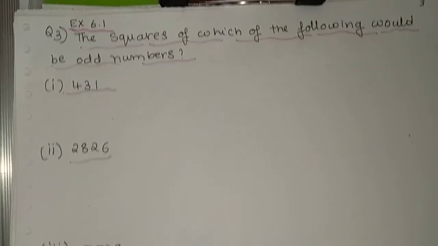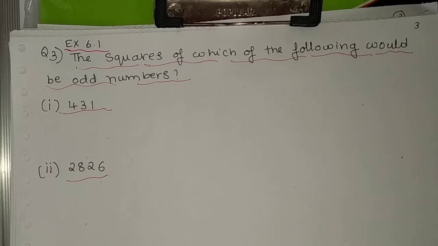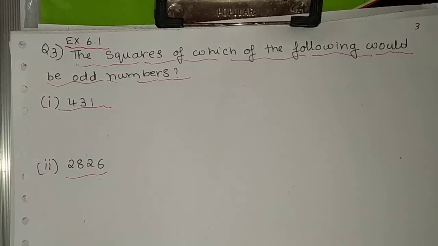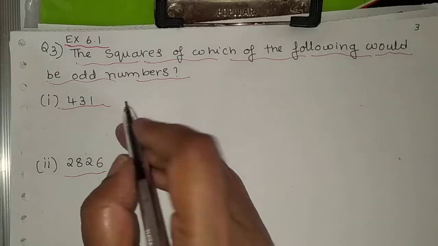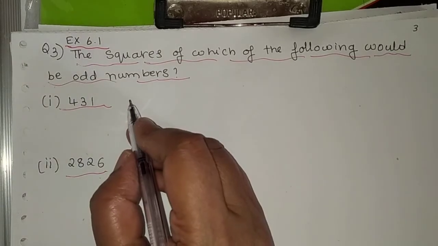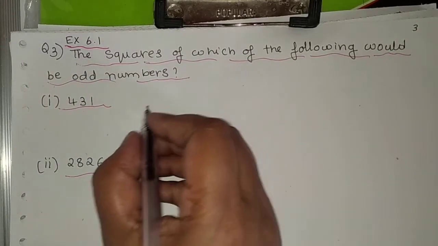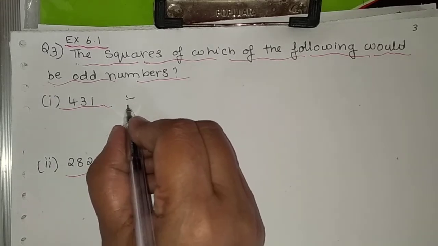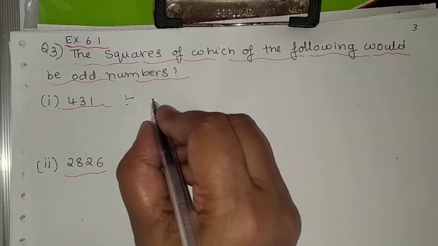So now we move on to the next question, that is question number 3. In question number 3, the question is: the square of which of the following would be odd numbers. So first they have given 431.